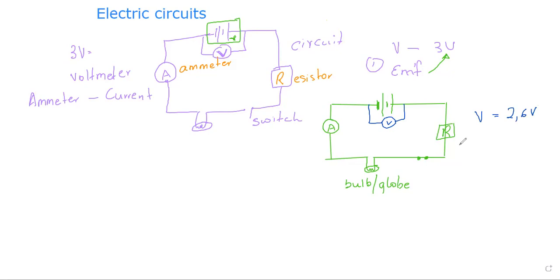And then the V is measuring the potential difference. Why? We said the battery has its own internal resistance. So there is 0.4 of lost volts.